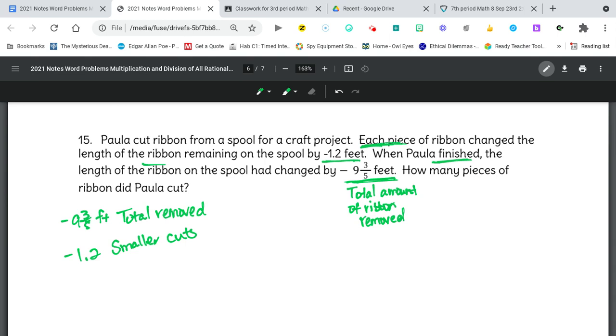So this is the smaller amount removed each time. But now I've been given my total amount cut and the smaller amounts that were cut. So when you're given the total and the smaller, it means you're given both.